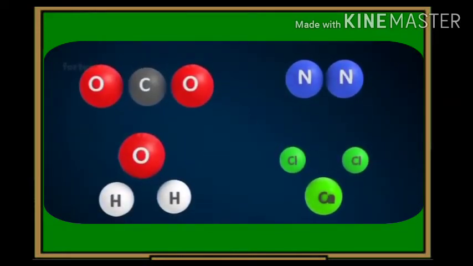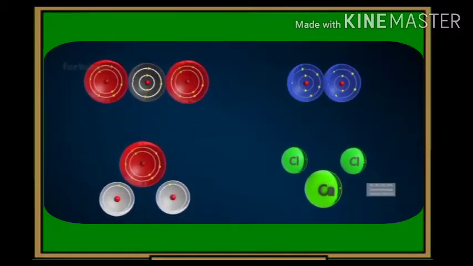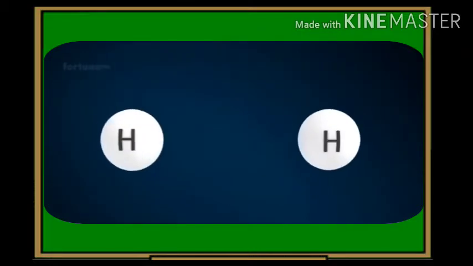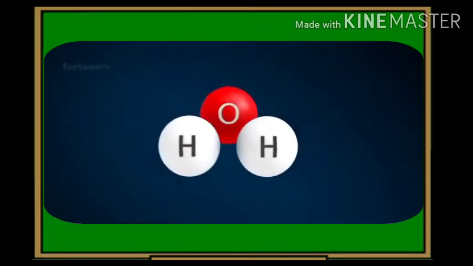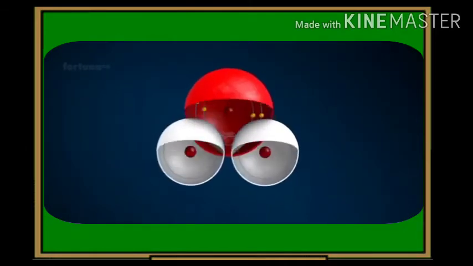Here you can see a few more examples of combination of atoms to form molecules. A water molecule is formed by the sharing of electrons between oxygen and two hydrogen atoms.